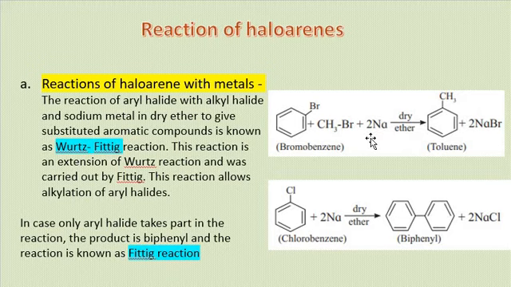This reaction is the extension of Wurtz reaction and was carried out by Fittig. This reaction allows the alkylation of the benzene ring of aryl halides. In that case, you will get toluene along with sodium bromide. But when you take only aryl halides and treat them with sodium metal in dry ether, you will get biphenyl, and the reaction is known as Fittig reaction.